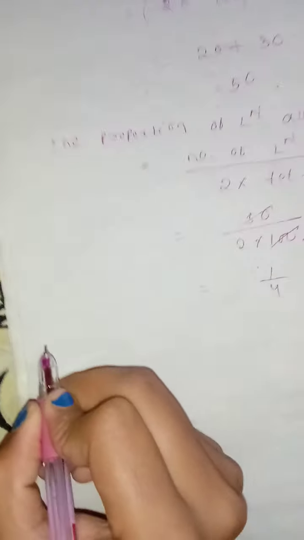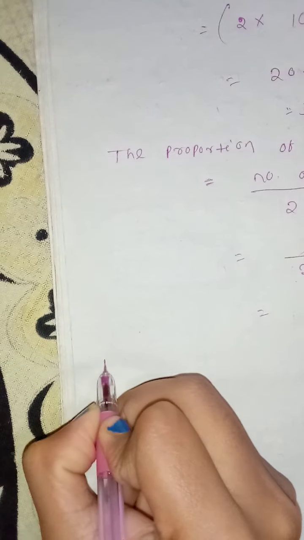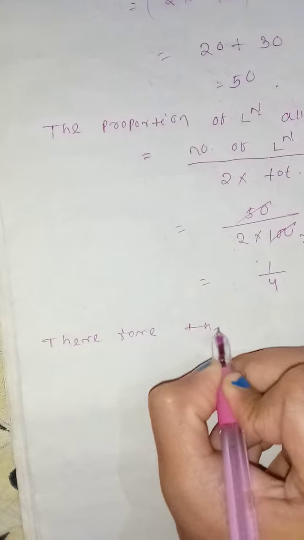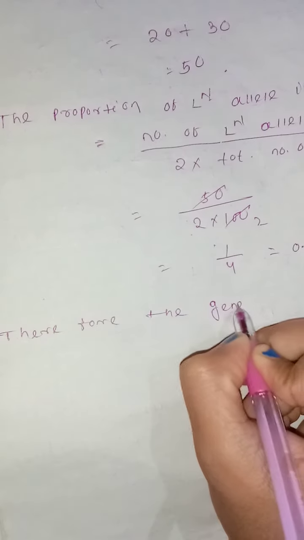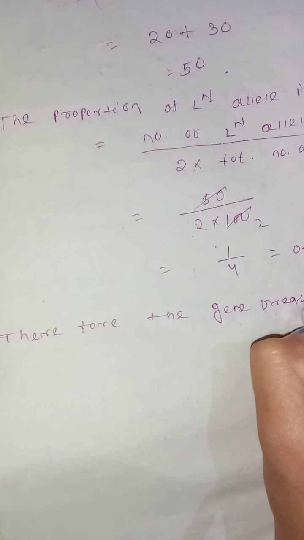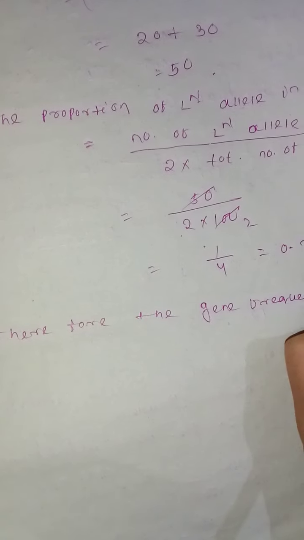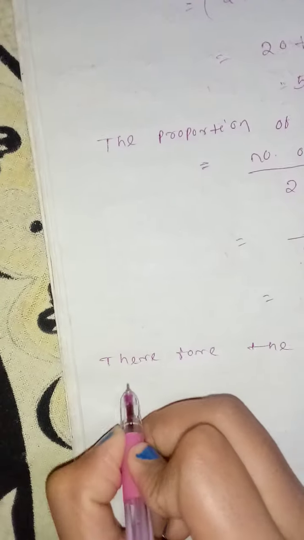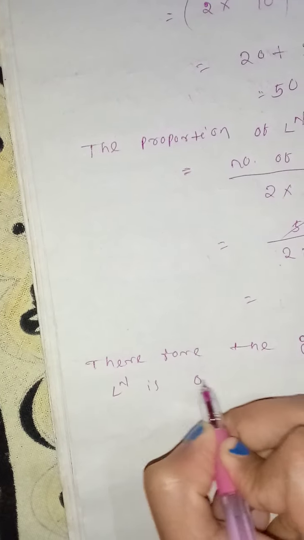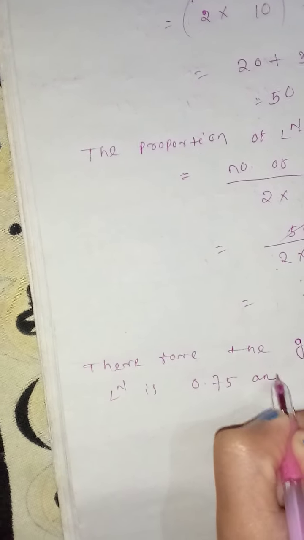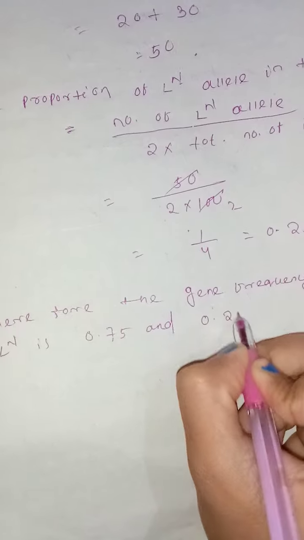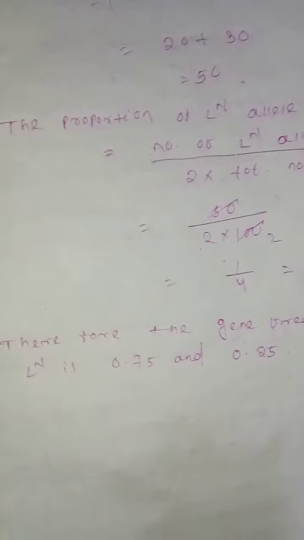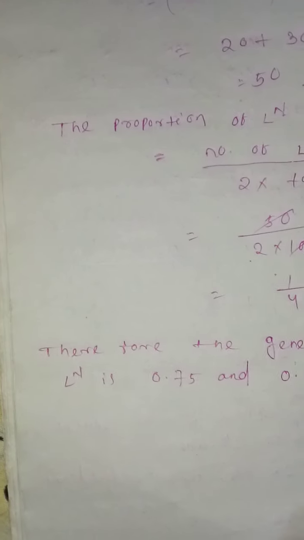Therefore, the gene frequency of LM and LN is 0.75 and 0.25. This is the first method of gene frequency.